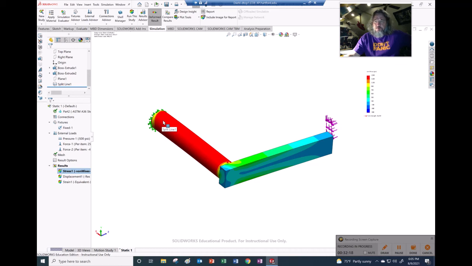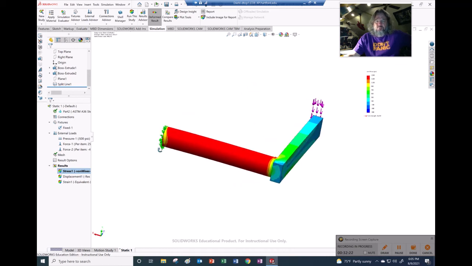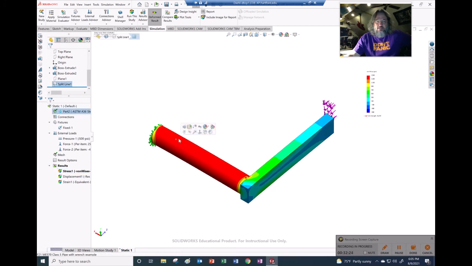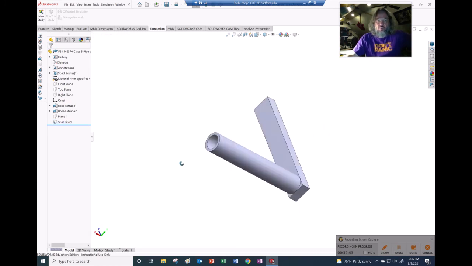First off, I made some split lines onto this right here, so you can't quite see them there. The advantage of split lines is it allows you to pick when it meshes. It has to mesh with a node exactly where you want it to be. And we want to pick a point that's on the inside.